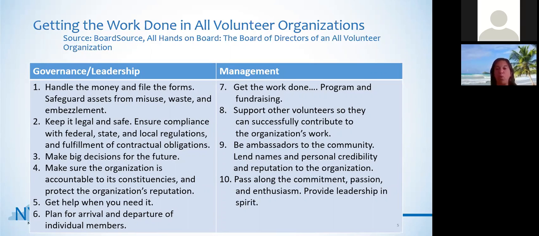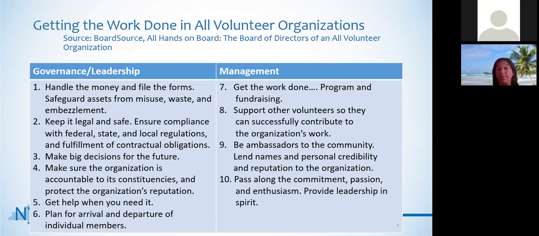On serving on the board, serving on committees, setting organizational policy, developing a strategic plan for the organization, and really managing the governance responsibilities.